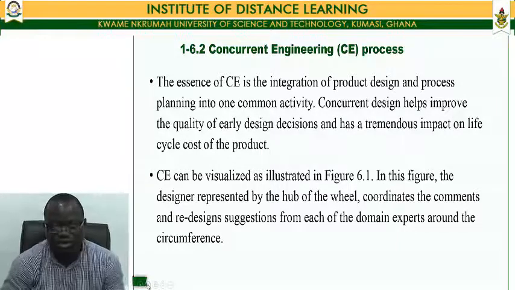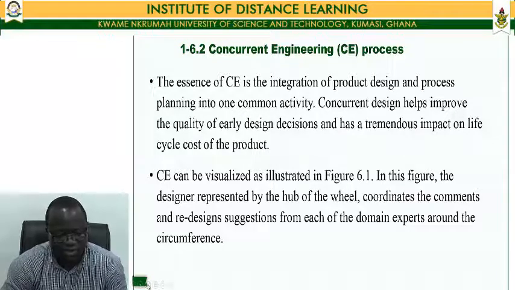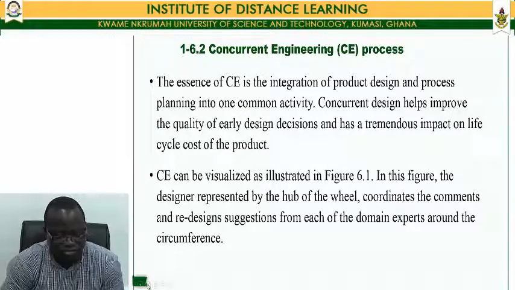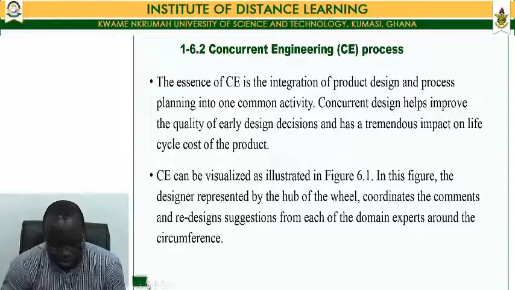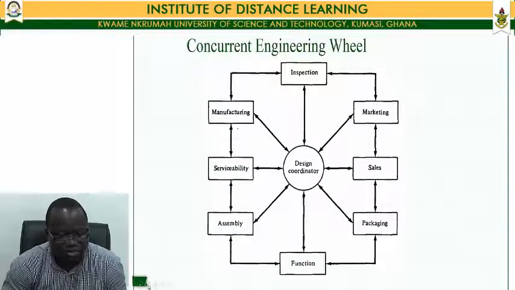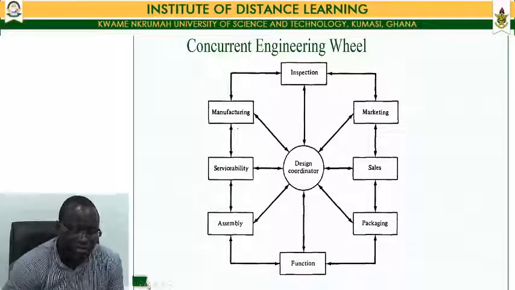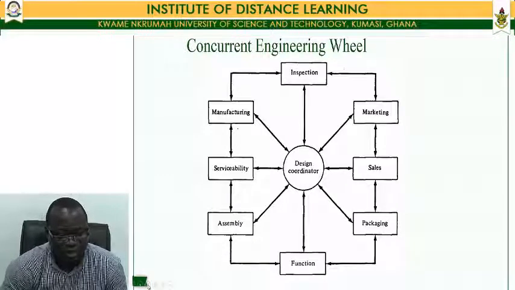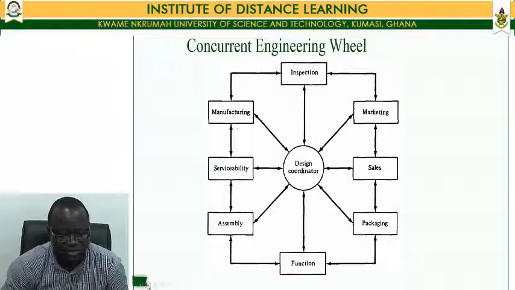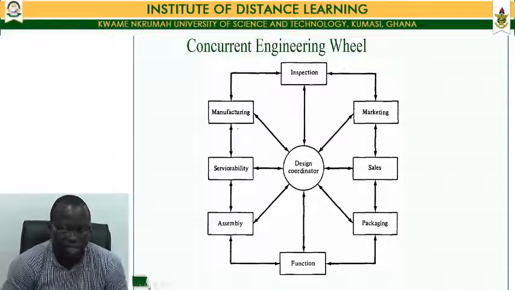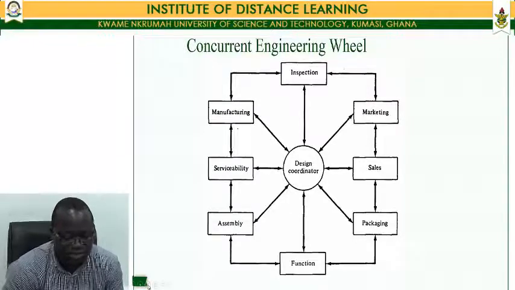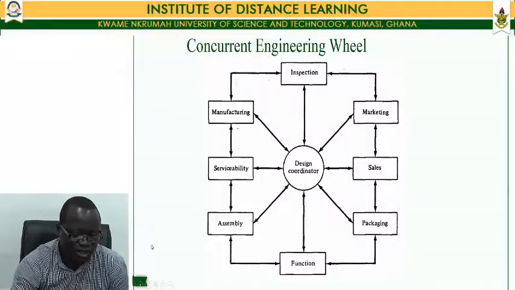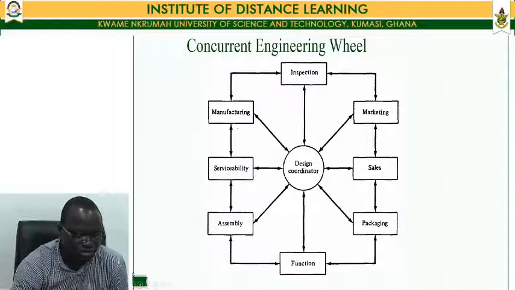So if you take concurrent engineering, you can look at it in this manner, which we're going to look at in this figure here. You have basically the design coordinator, and the design coordinator sits in the middle like a wheel, and then you have various domain experts in inspection, marketing, sales, packaging, function, serviceability, manufacturing.